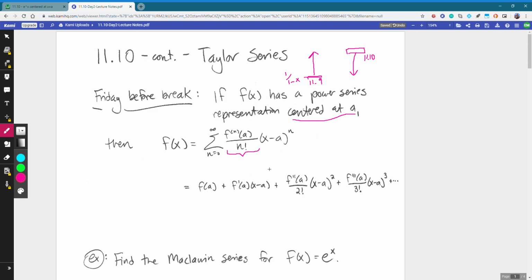We said that either one of these is called the Taylor series. Let me just write TS here, Taylor series.